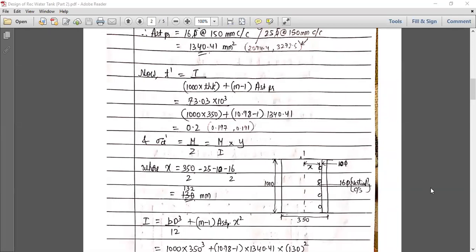Yes, anyone got the value of T dash? 0.285. Okay. And what is the value of X?